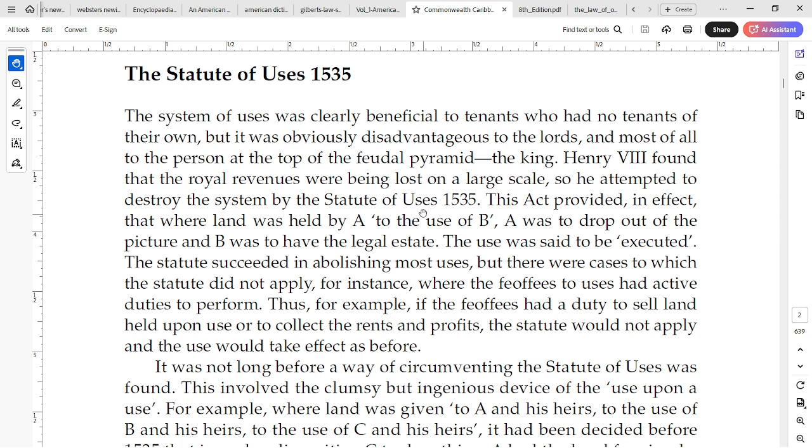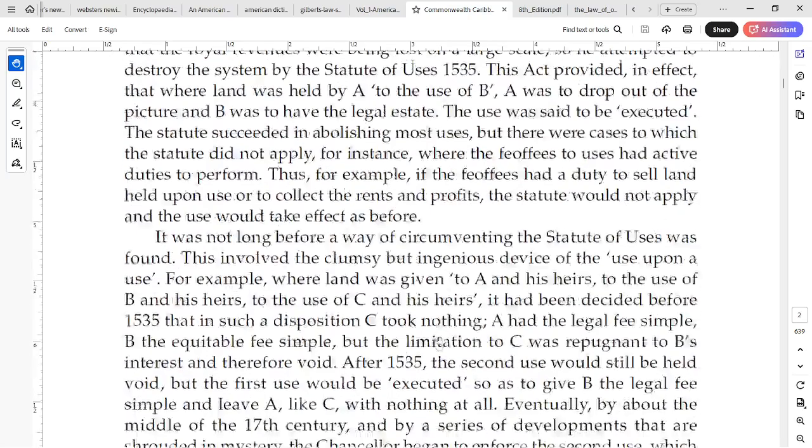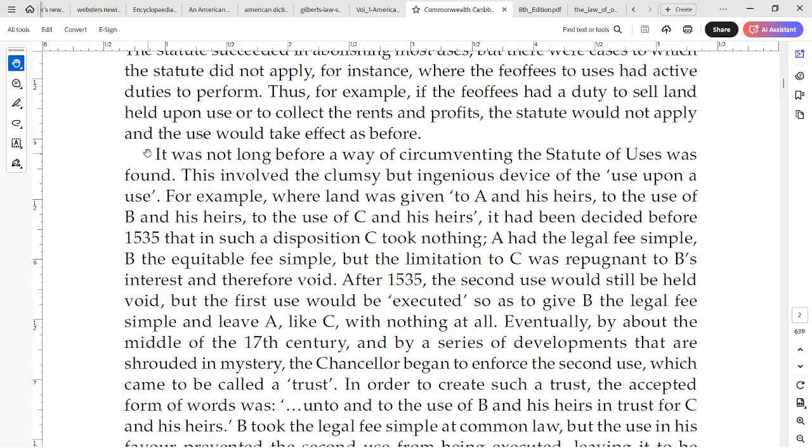So the Statute of Uses of 1535 did not apply to active uses, where the trustees had actual duties to perform. All right? It was not long before a way of circumventing the Statute of Uses was found.